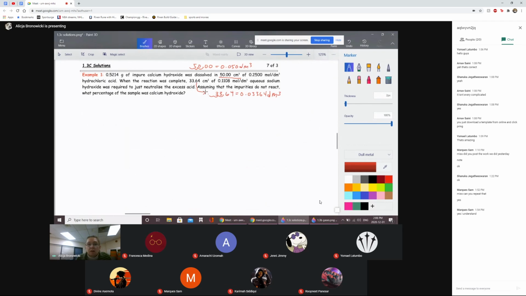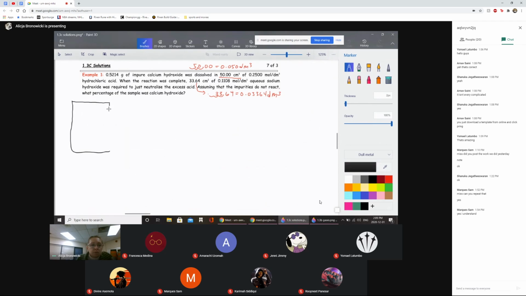Ugh, looks like a back titration. Assuming that the impurities do not react, what percentage of the sample was calcium hydroxide? Okay, what the heck is this question even talking about? Very complicated thing.